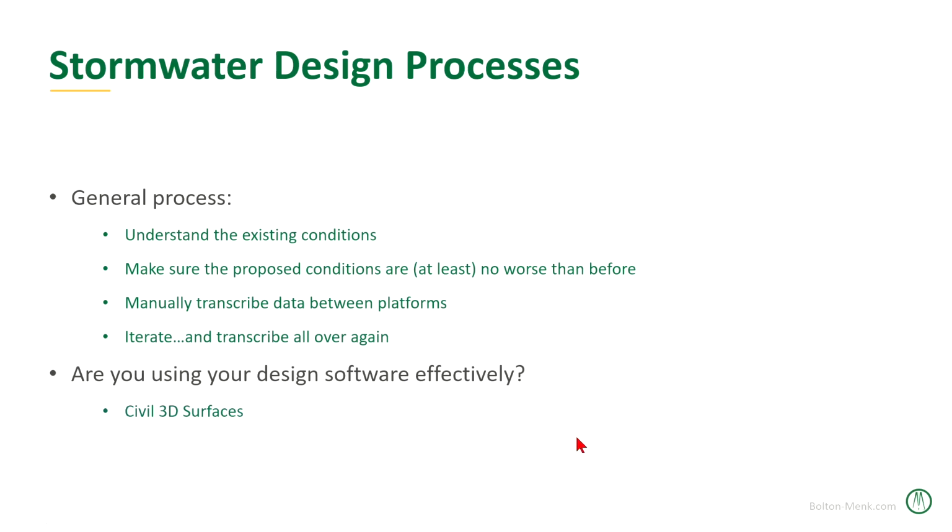Either way, our software that we probably already have access to, considering that we're at this conference, is going to be a Civil 3D surface, a Civil 3D catchment object, and Civil 3D annotation. We're talking label styles. So, are you using your design software effectively? Well, by the end of this presentation, we'll have a pretty good answer to that question.